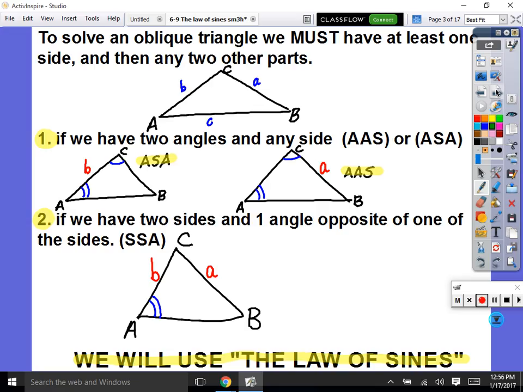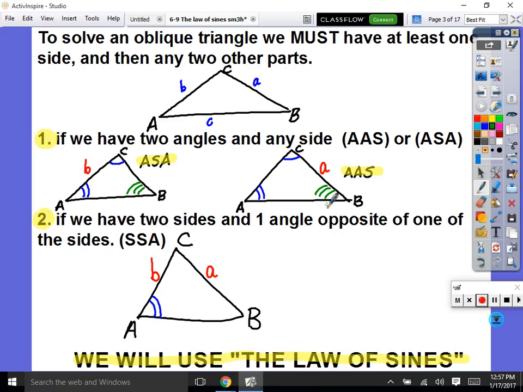So today we're going to focus on using the law of sines to solve, and this is when you'll use the law of sines. In triangle ABC, if we're given two angles on any side, we can use the law of sines. Two angles means we can find the third angle, right? So given two angles and any other side, you can use the law of sines to solve.